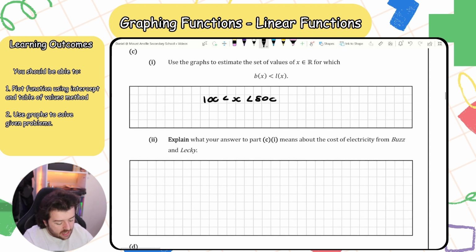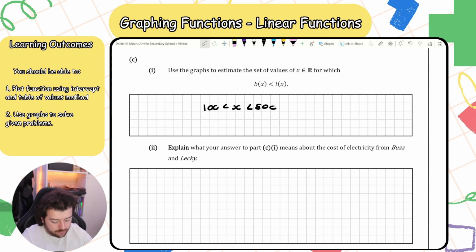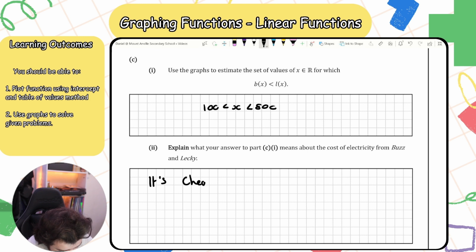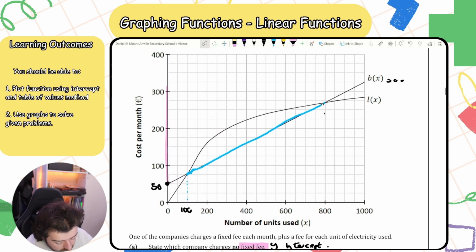Explain what your answer means about the cost of electricity from Buzz and Lecky. So what could that tell us about the cost of electricity from Buzz and Lecky? It's cheaper. It'll be cheaper to use Buzz between those two values, right? Because remember, my y-axis is the cost per month.